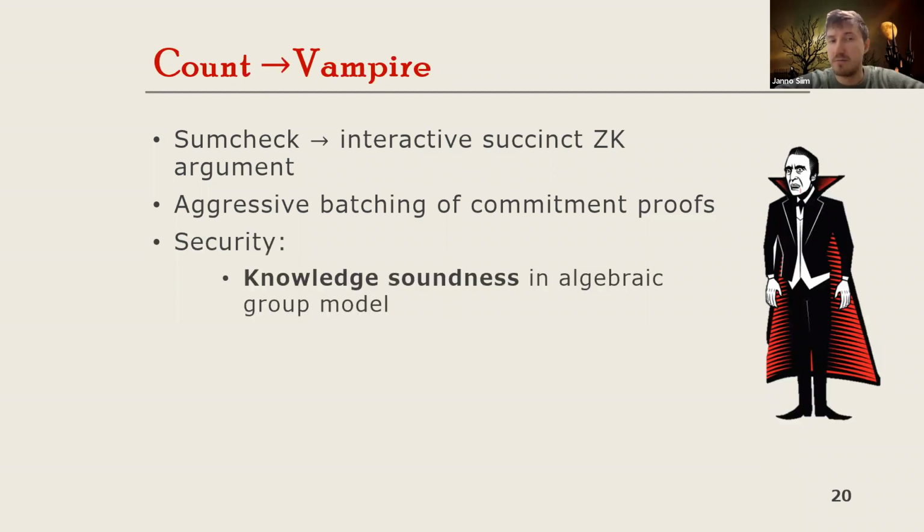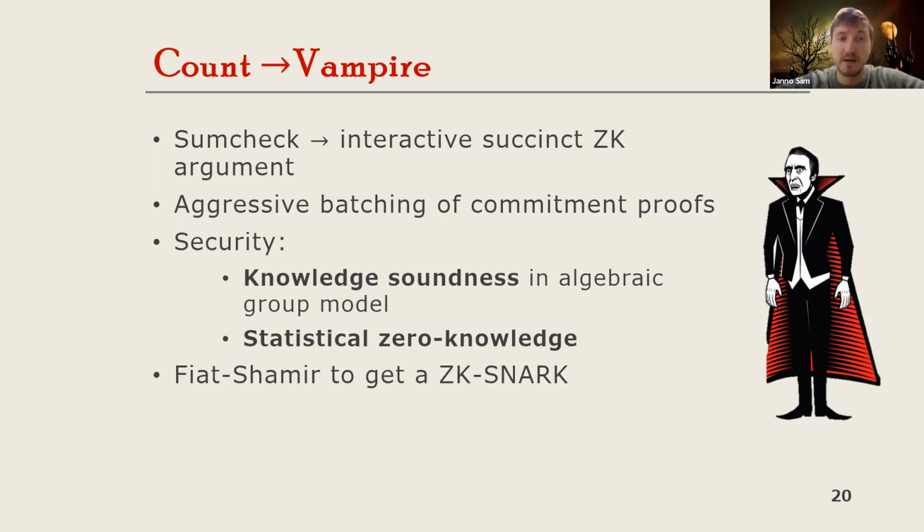And then we prove knowledge soundness again in the algebraic group model, and we prove statistical zero knowledge. So this is zero knowledge without any assumptions. And finally, to get the ZK SNARK, we use the Fiat-Shamir heuristic because our interactive protocol is public coin.